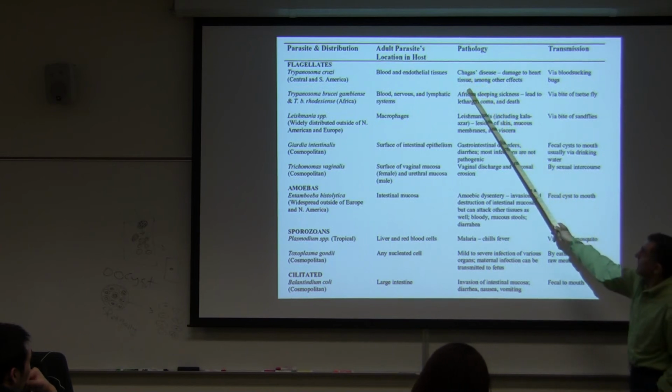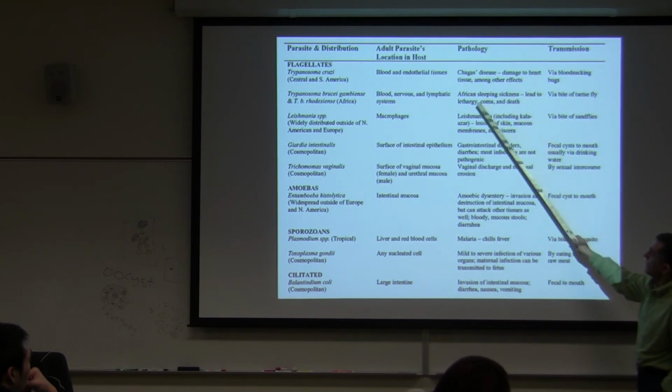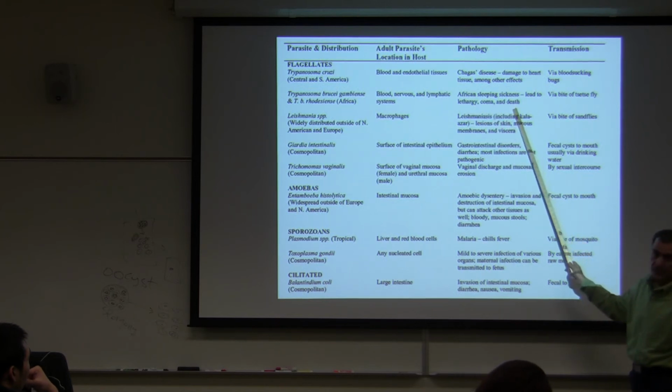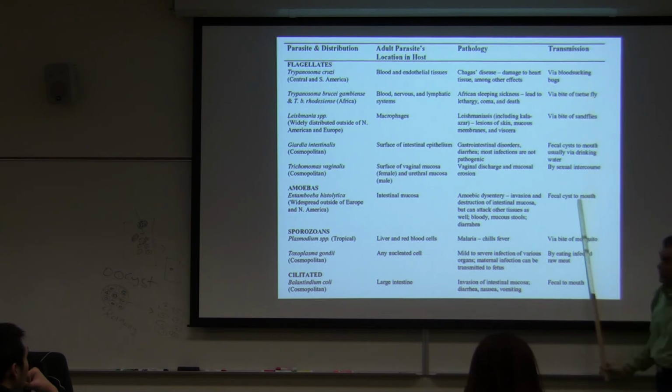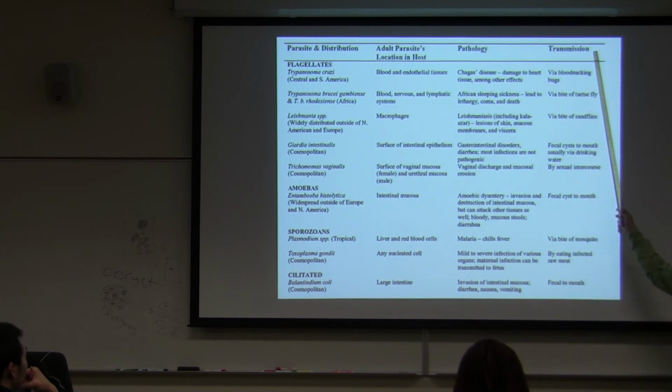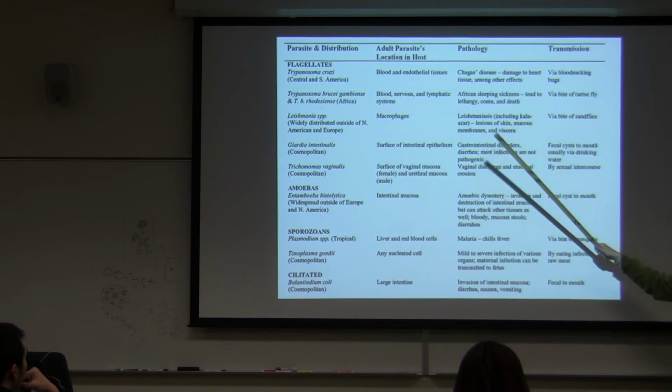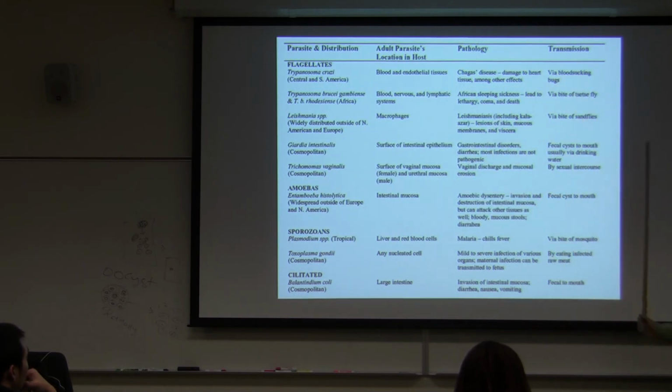Chagas disease is a problem in the heart, but African sleeping sickness is lethargy, coma, death. It's a central nervous system disease. And of course, transmission. Another most important one; on the quiz today, I asked how this organism is transmitted. Definitely you should know that too.